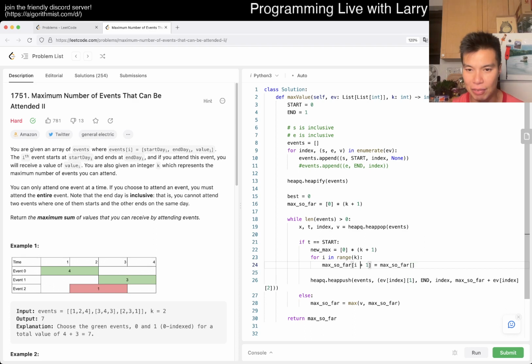Oh, whoops, this is not right. I mean, new max is equal to this of i plus uv of index of 2.